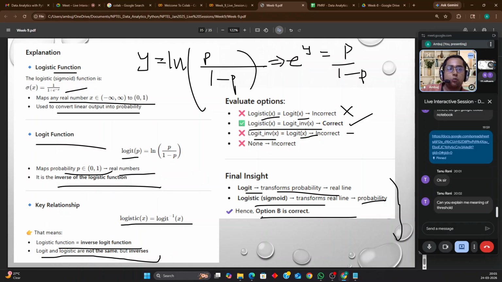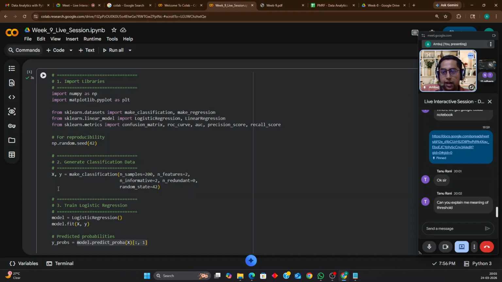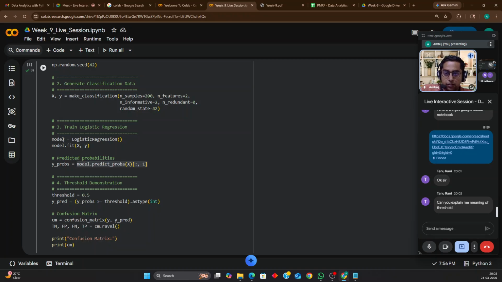The continuous probability coming from the model will be put into a particular class, whether class A, class B, or class C. The continuous probabilities come from the fitted model, which I have fitted here. I have written model equals logistic regression model dot fit x and y.